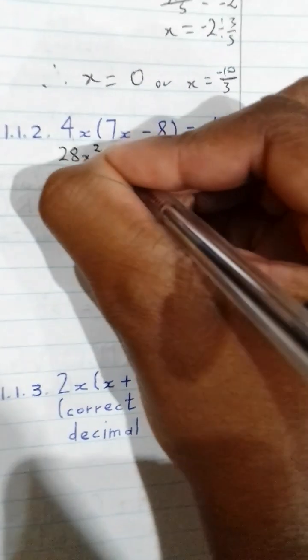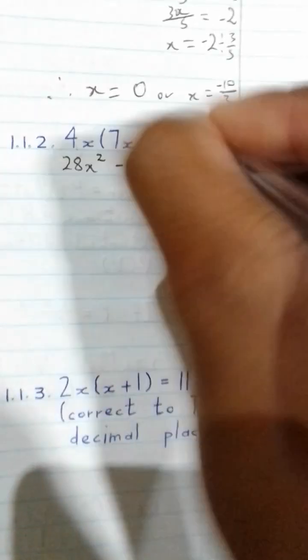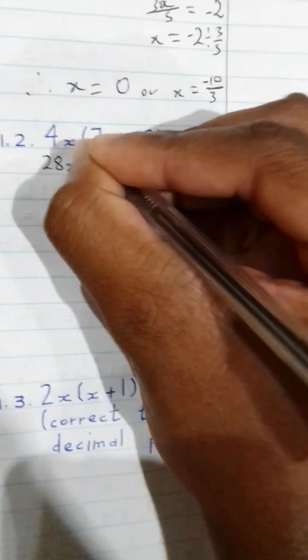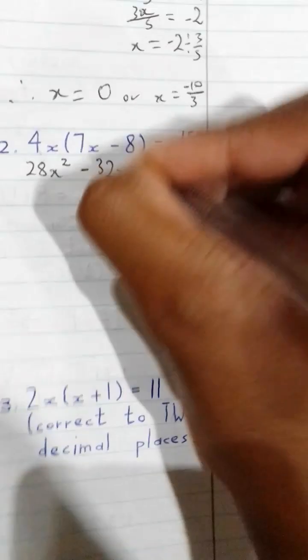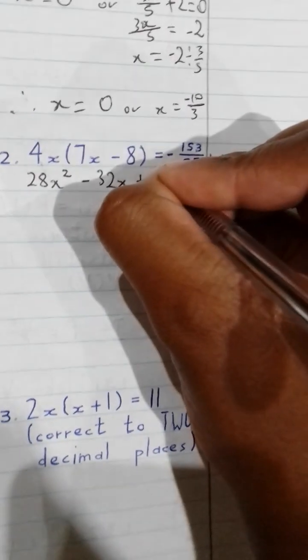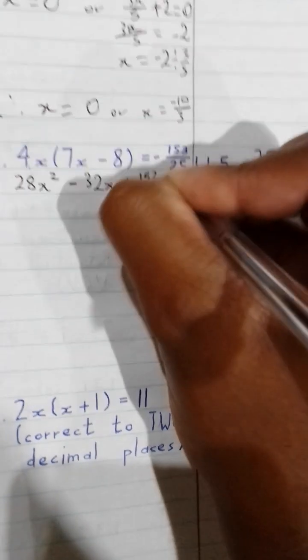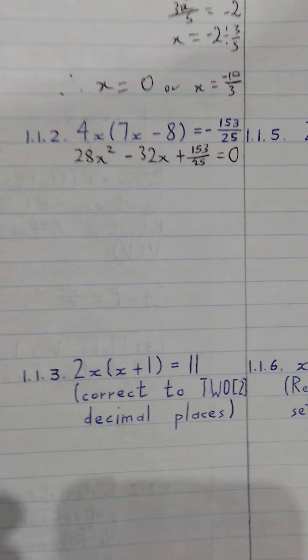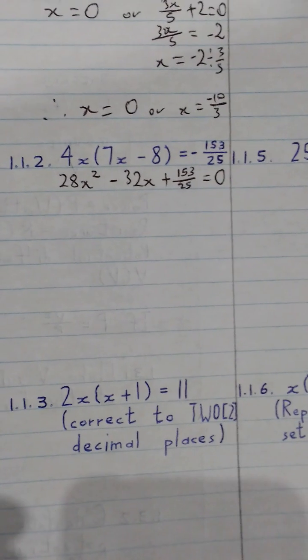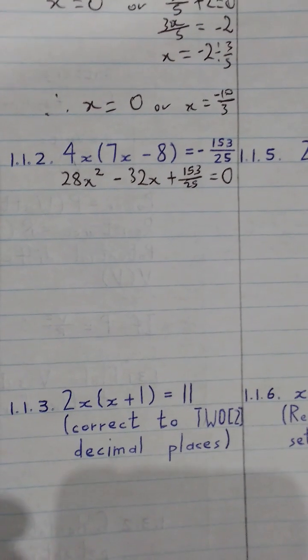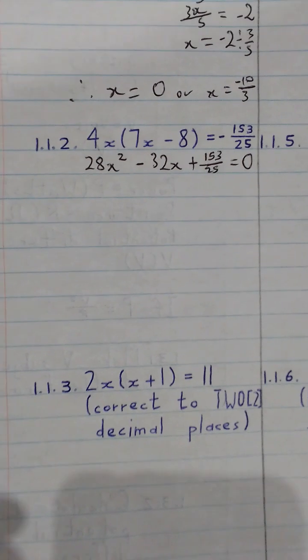Positive times negative is negative. 4 times 8 is 32. Then you have x. This goes to the other side, it becomes positive 153 over 25 is equal to 0. So A is 28, B is negative 32, C is 153 over 25.